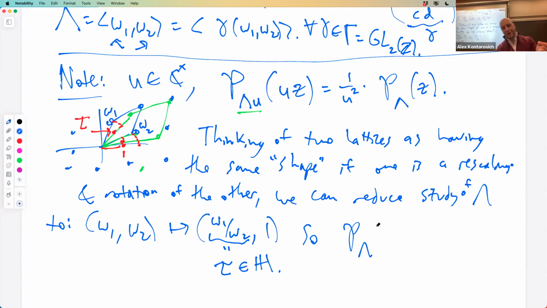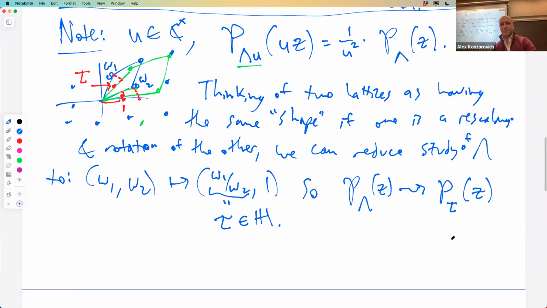It's a function of z, but it has lambda as an implicit parameter. By this transformation, we can think of it as just being a function of tau in the upper half plane, being the parameter, like the eccentricity, and z is the variable in which it's holomorphic.